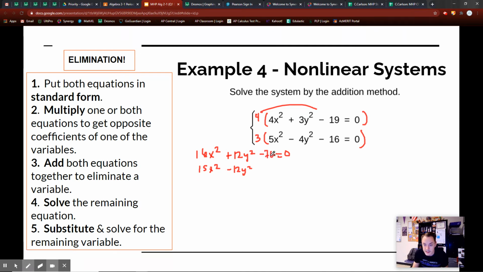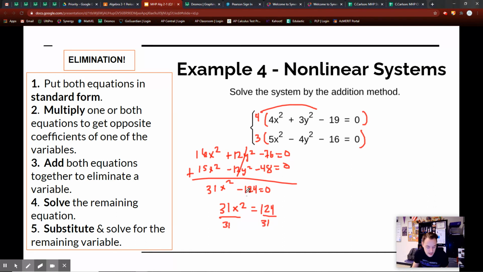So 3 times negative 16 is negative 48 equals 0. I can add these. So now that goes poofy. And so now what I have is 31x squared, and then these together, negative 76 and negative 48, is minus 124 equals 0. And so this is becoming 31x squared equals 124, divided by 31.